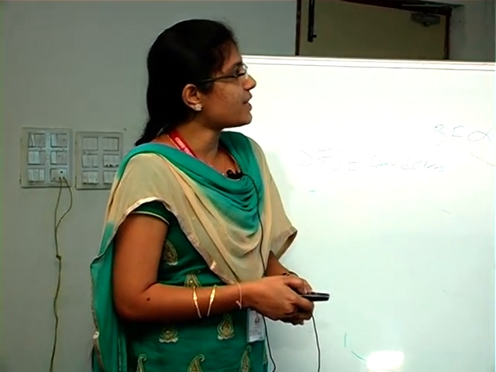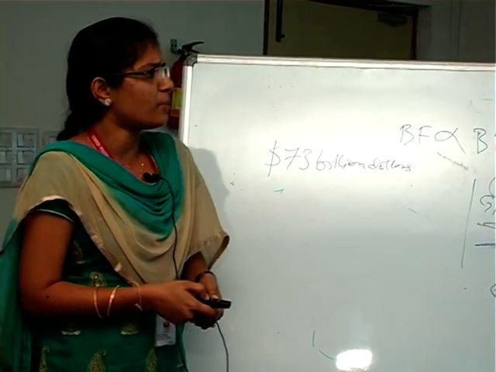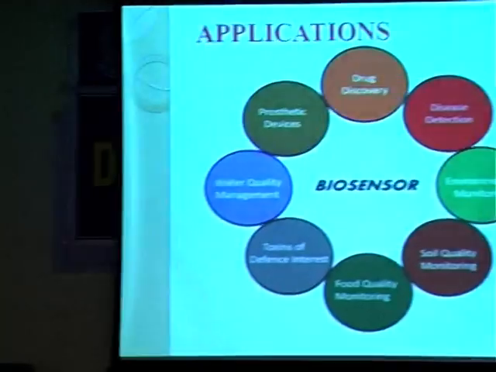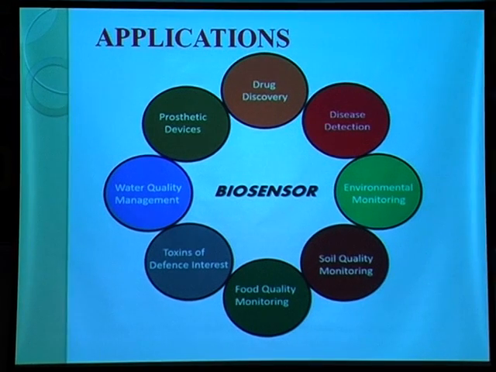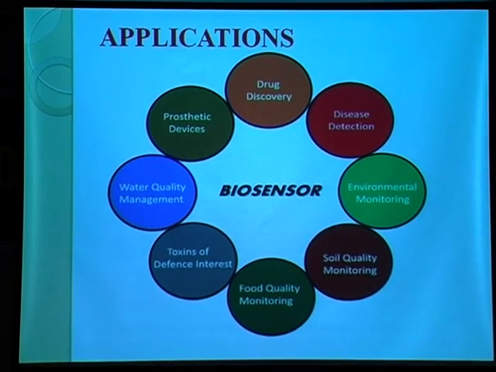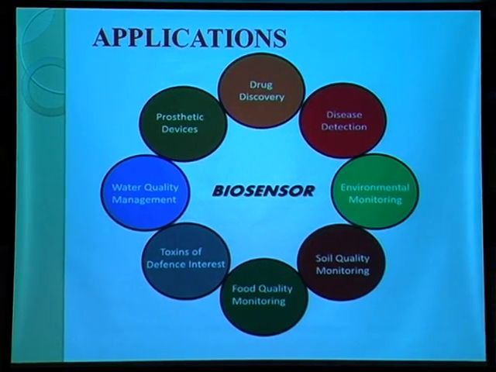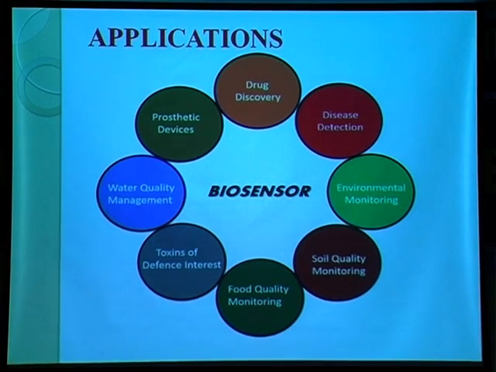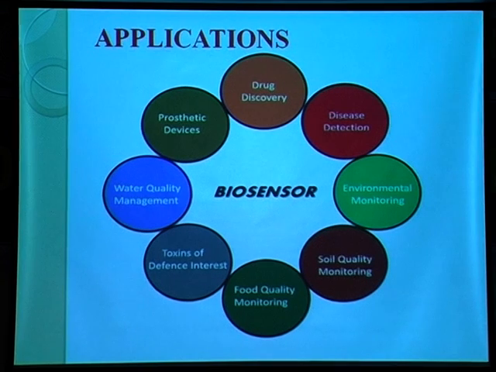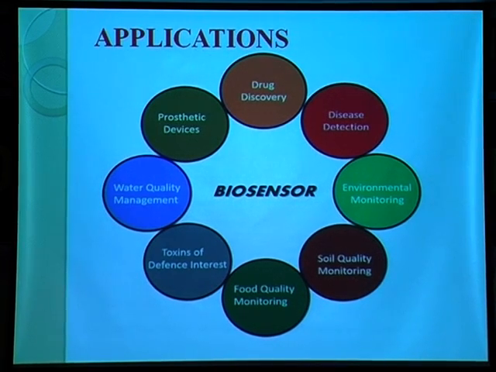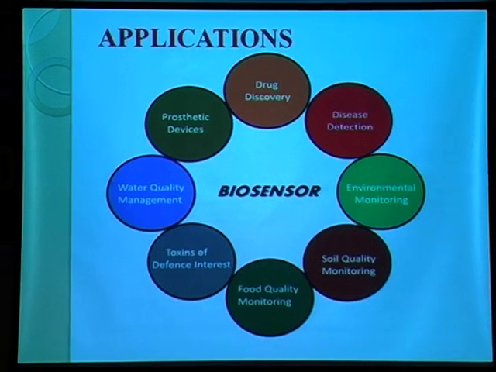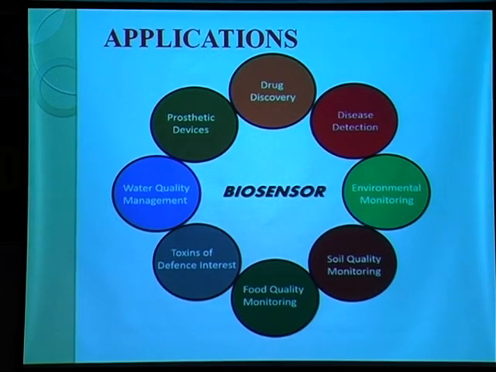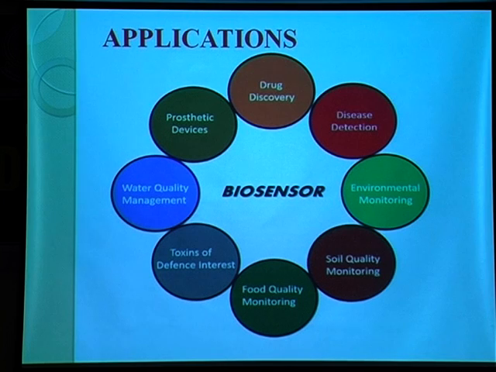And the next, applications. There are several applications in environmental and soil monitoring and food quality. In the environment, it will detect harmful gases present in the air and different types of harmful pollutants in the soil, like how the soil is degraded by microorganisms. And then water quality management, and toxins. In defense, like in the military, soldiers are using these biosensors to detect the evolution of toxic gases.